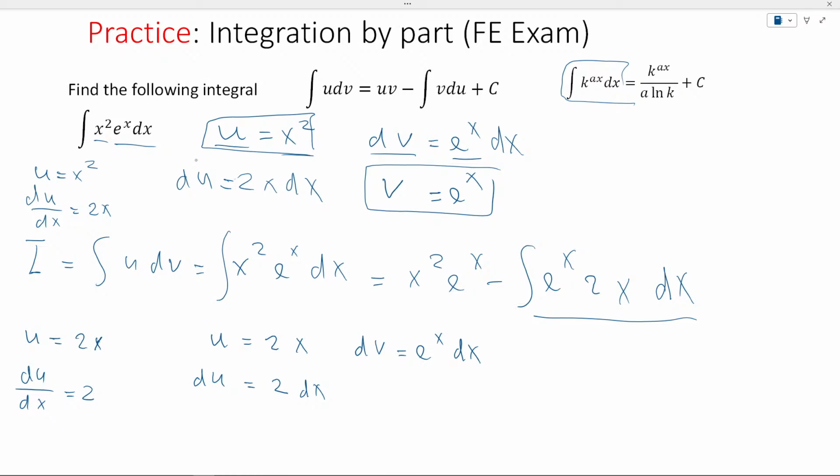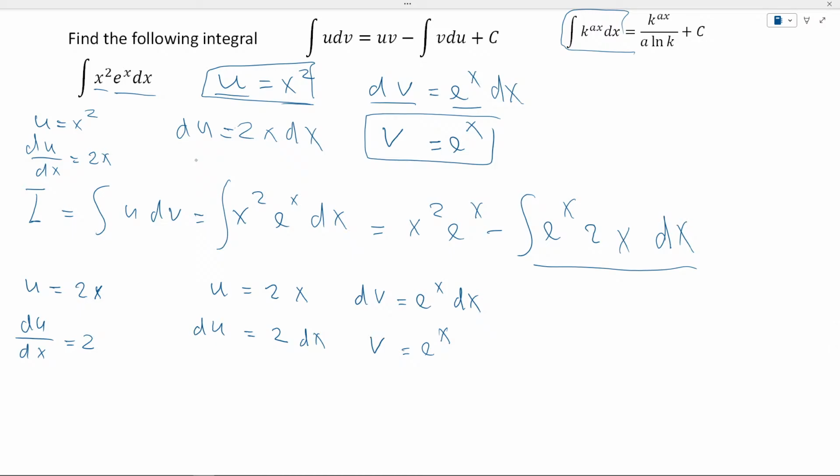And for this guy, I just integrate, so v is again e to the power x. And then I just substitute.